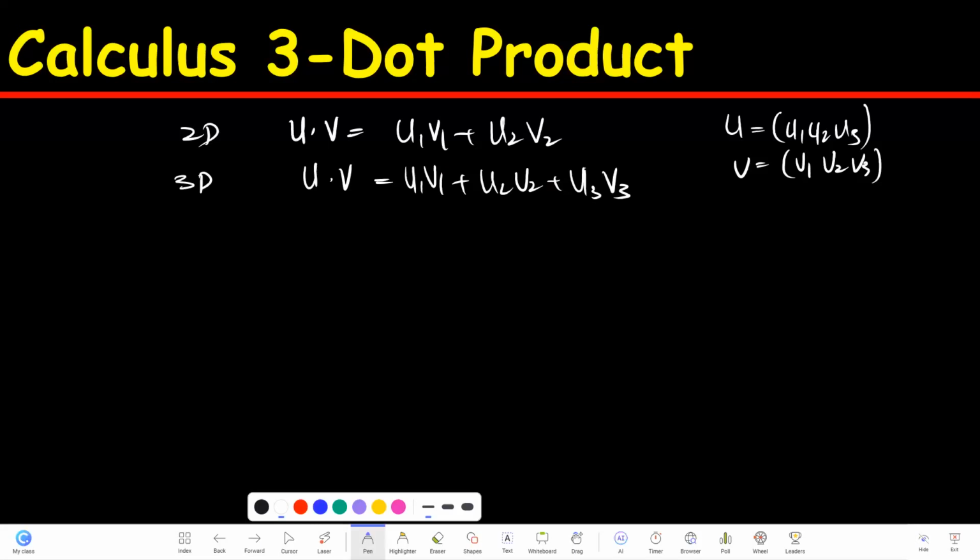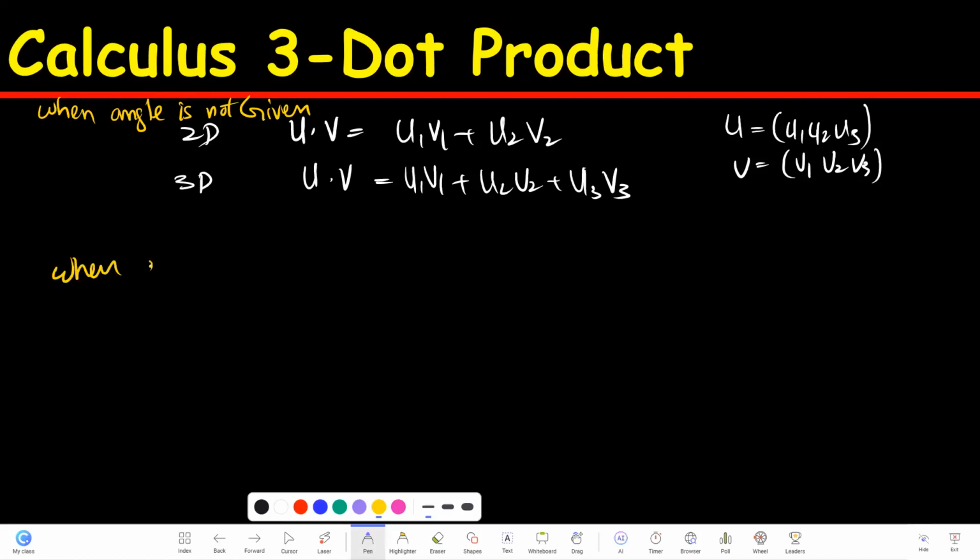This is how you write it when the angle is not given. Okay, so let me just write here: when the angle is not given.